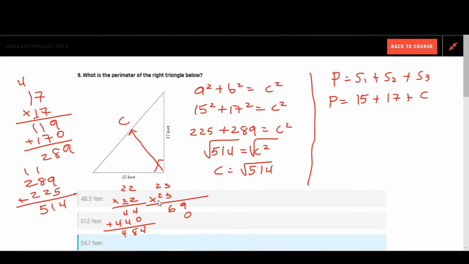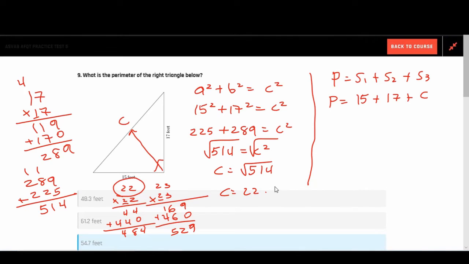Add a 0 since I'm starting this number. 2 times 3 is 6. 2 times 2 is 4. 9 plus 0 is 9. 6 plus 6 is 12. 4 plus 1 is 5. So, in light of that, I know that the square root of 514 is going to be 22 point something.